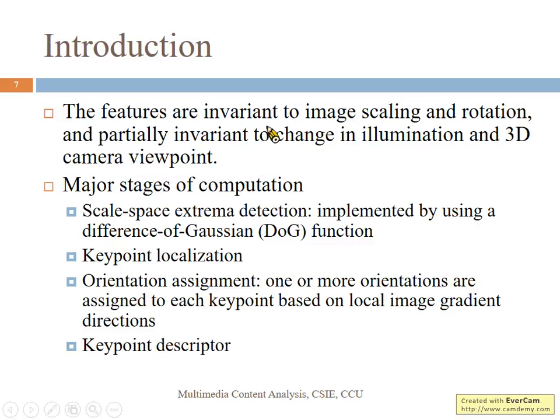The SIFT features are invariant to image scaling and rotation, and partially invariant to changes in illumination and 3D camera viewpoint. To extract SIFT feature points, we have several main stages of computation. The first step is scale space extrema detection, implemented using a difference of Gaussian, or DOG in abbreviation.